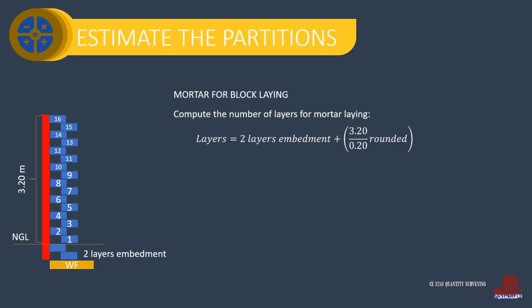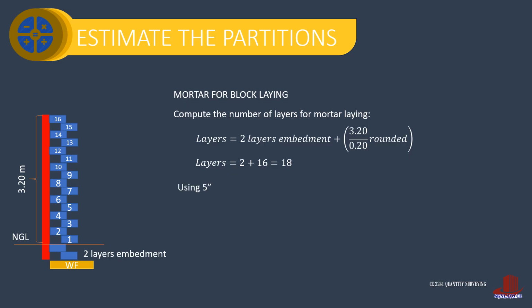Thus, the number of layers for block laying is solved as 2 layers embedment plus the whole height of 3.2 over 0.2. Then, we do not add 1 because we are not sticking the wall on any beam on top. The total number of layers turns out as 18.